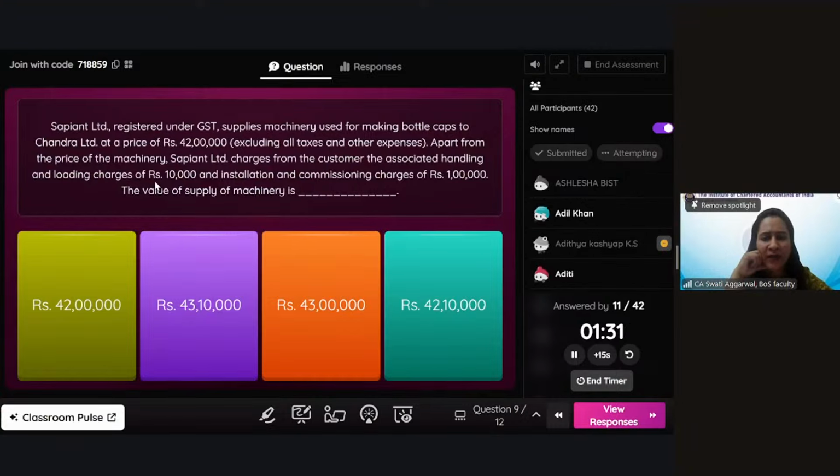So the value of supply of machinery is: option A 42 lakh, B 43,10,000, C 43 lakh, and D 42,10,000. You have 1 minute 20 seconds left, and many of you have already answered this question.